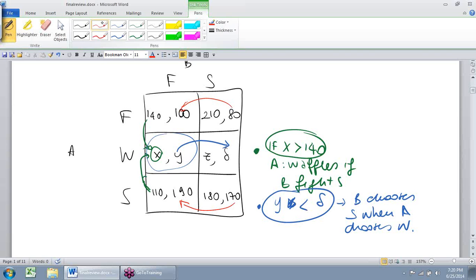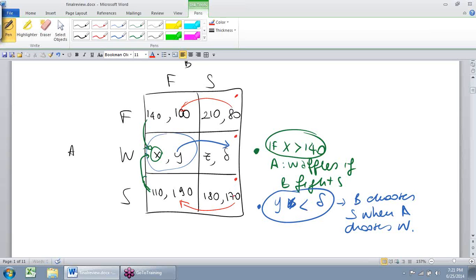So the last condition says that basically here we have, let's see, the second box that is fight, share, this one. We already have an arrow going out for player B, right? So this one for sure will not be a Nash equilibrium. The box waffle, share has an arrow coming in for player B. So we do not want an arrow coming in for player A. And finally, the last box here, share, already has an arrow going out.